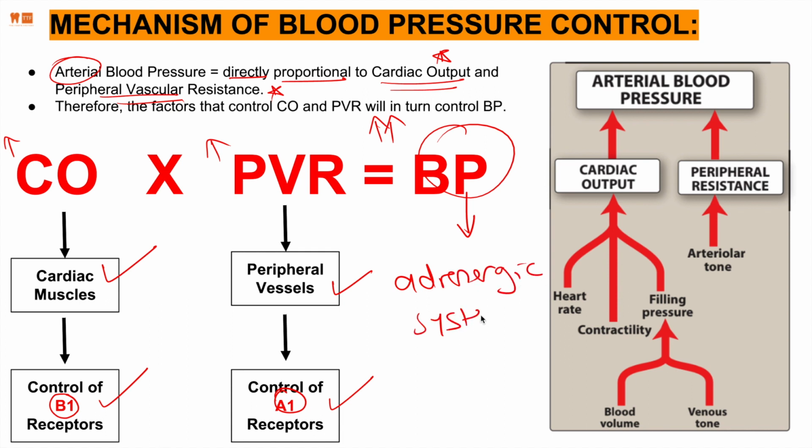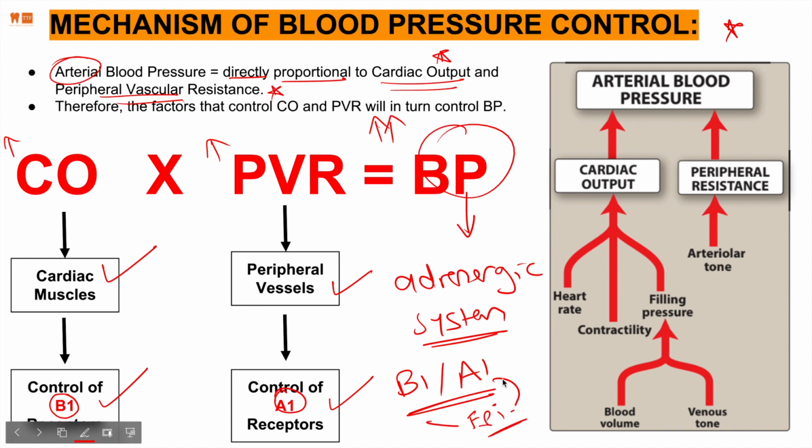And again, we have a lecture already detailed for the adrenergic system up here. Please go visit and revise that for how beta-1 and alpha-1 affect blood pressure. However, this is important because epinephrine, being a vasoconstrictor, acts on both of them. And that leads to our previous slide's note that epinephrine is a factor for hypertension.